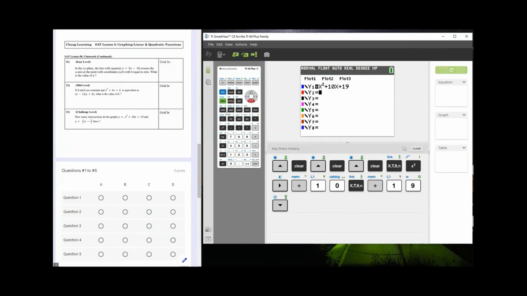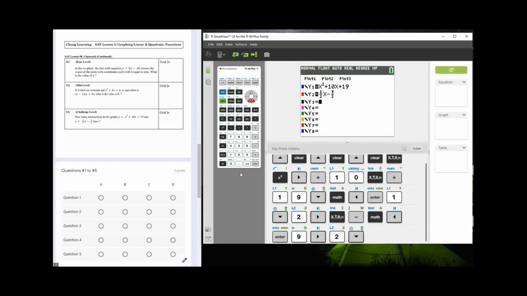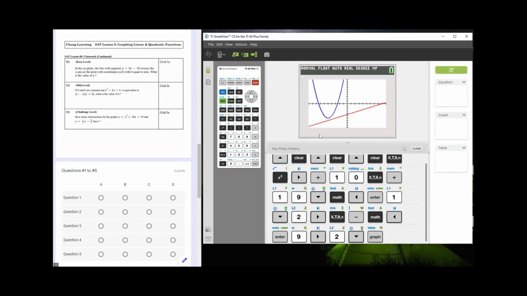And for the second equation, again, I'm just using the fraction template. We have a half times x minus 9 halves. So the intersections are points where the graphs have in common.